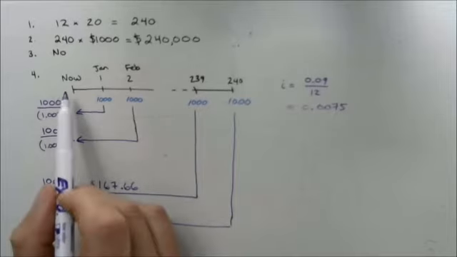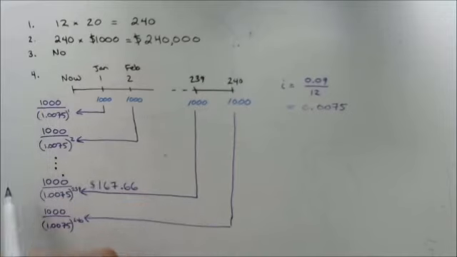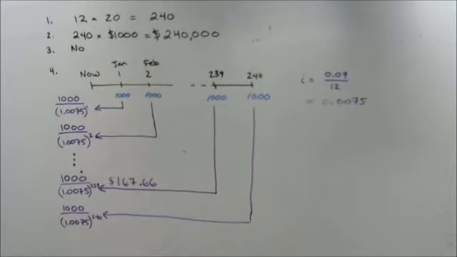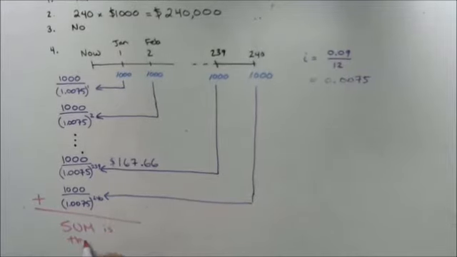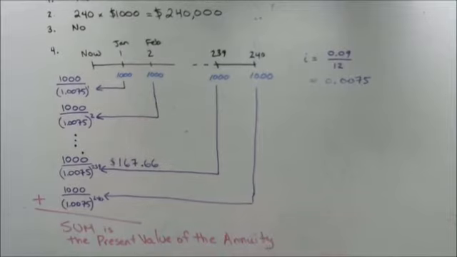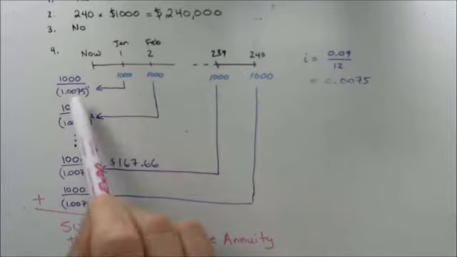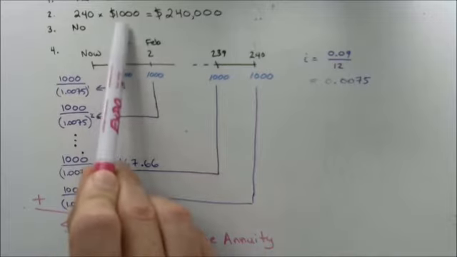And if we needed to figure out the present value, we would simply add those all up, and we would get the present value of the annuity in order for our dear friends here to make this series of withdrawals and pay themselves $1,000 per month for 20 years.